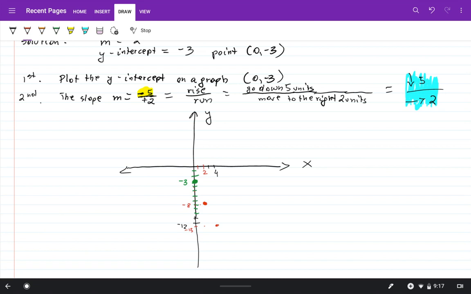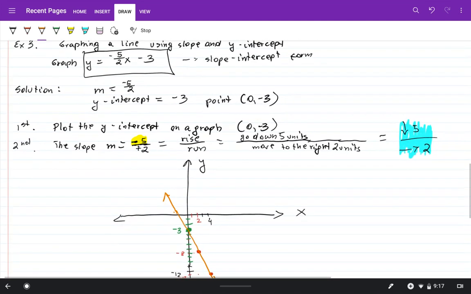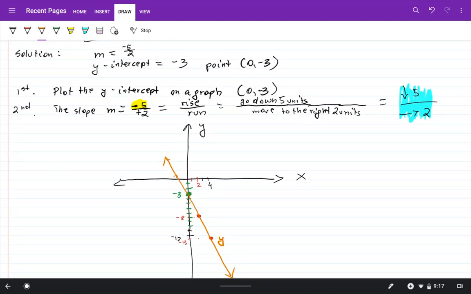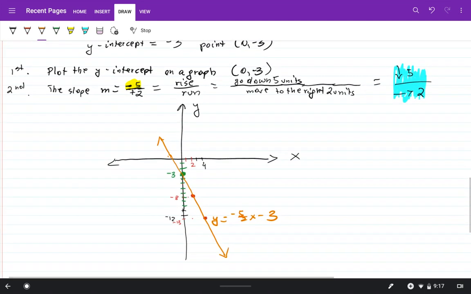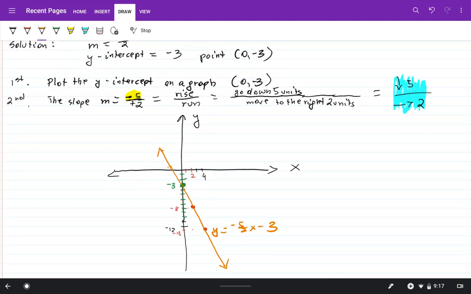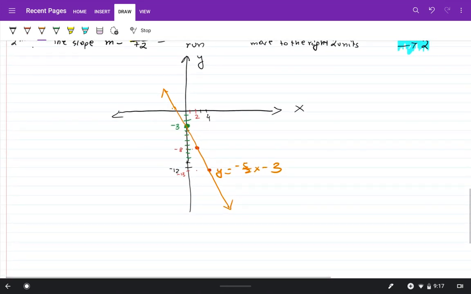So I will be at 4, comma -13. And now I'm just going to create a straight line by connecting those points. Okay, so this is the graph of the equation y equal -5 over 2x minus 3. Negative slope, line goes down. And again, I didn't create a table of values to find more points. I just used the information that the slope is rise over run. So I went down 5 units, 2 to the right.